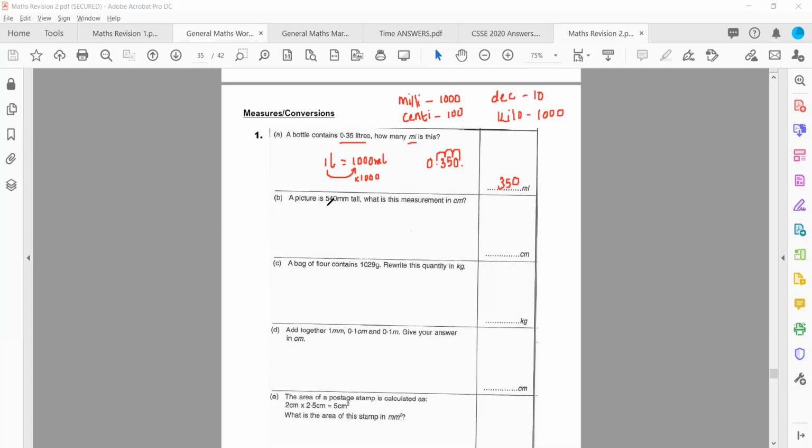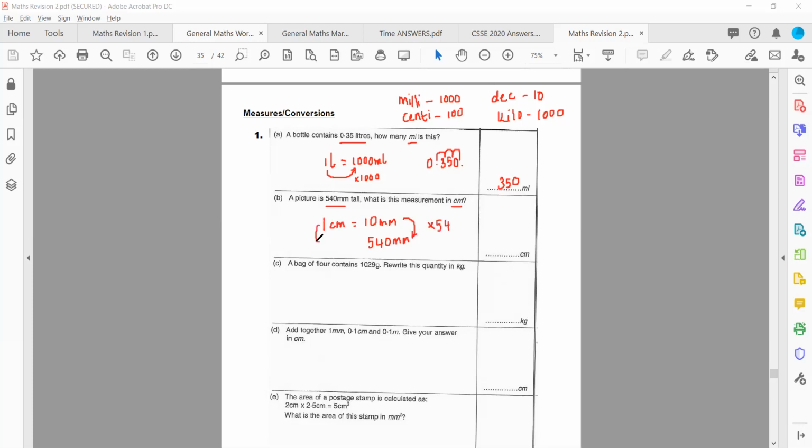Now, a picture is 540 millimetres tall. What is this measurement in centimetres? Now, there are 10 millimetres. 1 centimetre equals 10 millimetres. So we've got 540 millimetres. So to go from 10 to 540, we are timesing by 54.